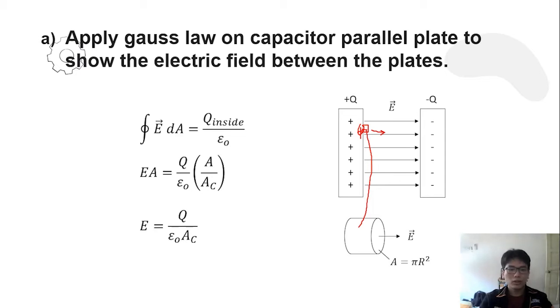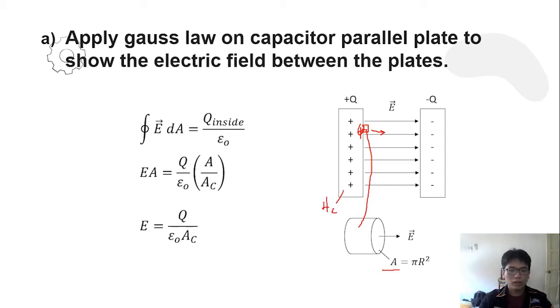Integrating, E dA gives E times A because E is parallel with A. This equals charge over epsilon naught times the ratio of area, which is the area of the cylinder over the area of the capacitor plate.